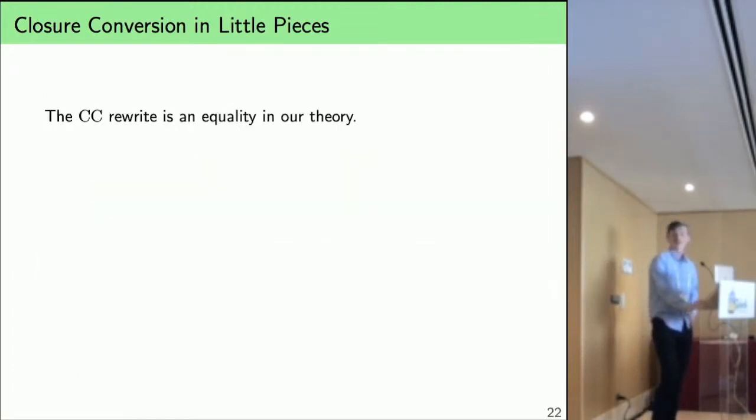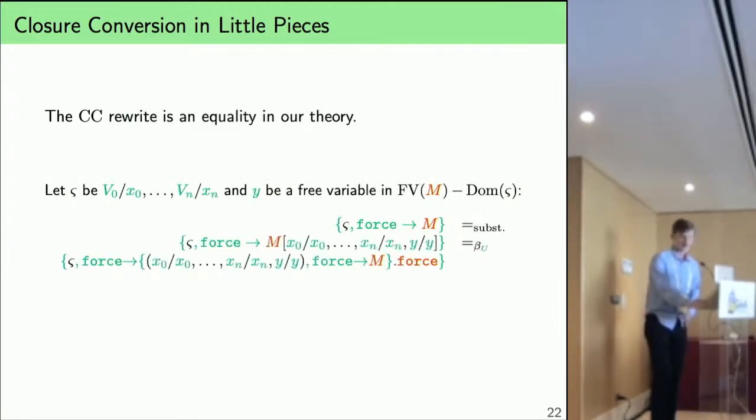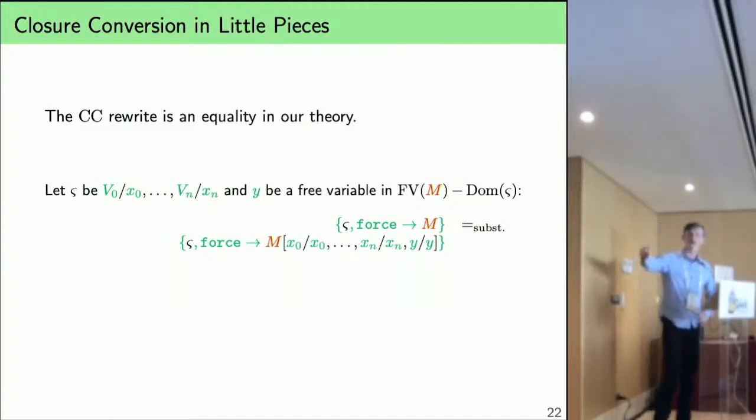This rewrite rule is an equality in our theory. So if we start with the left-hand side of the rule, and then we perform an identity substitution on M, this identity substitution contains all the variables which were previously in sigma with the addition of y.